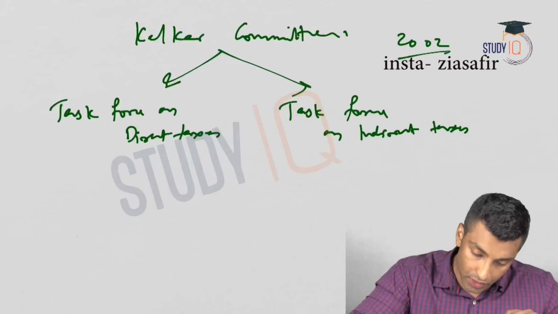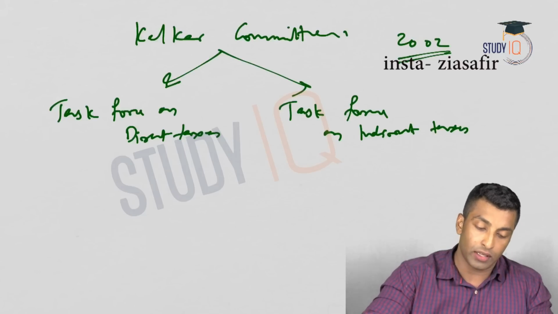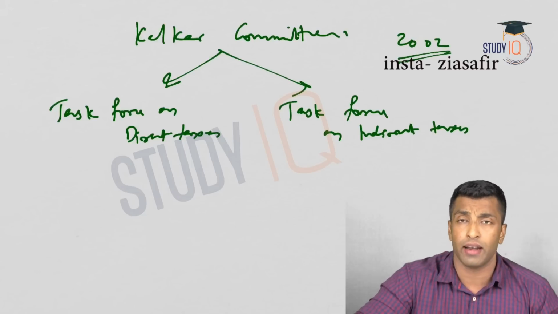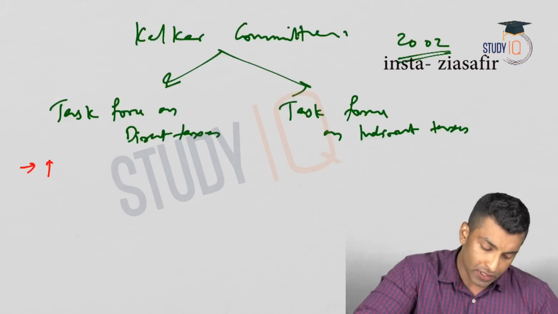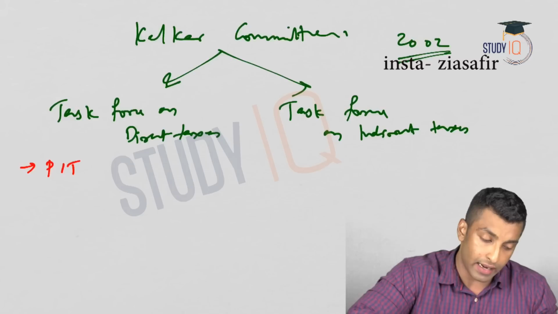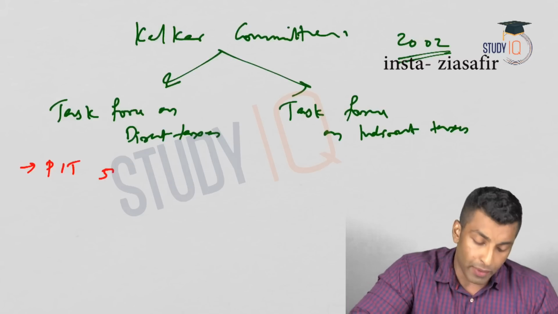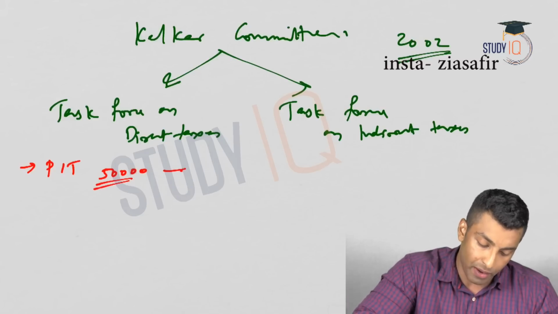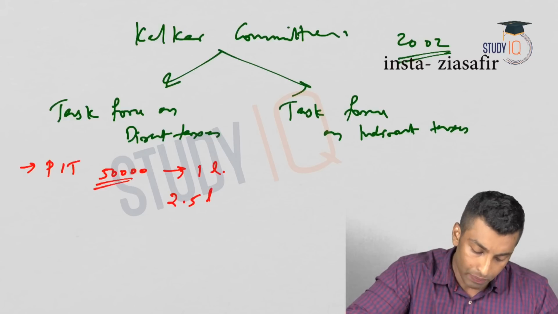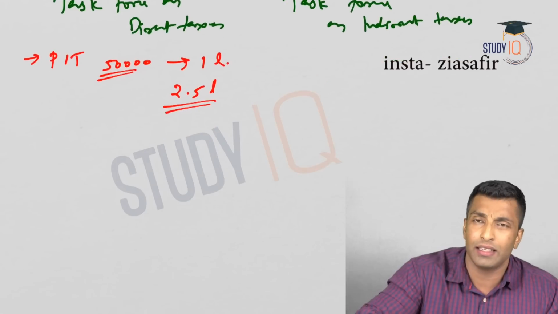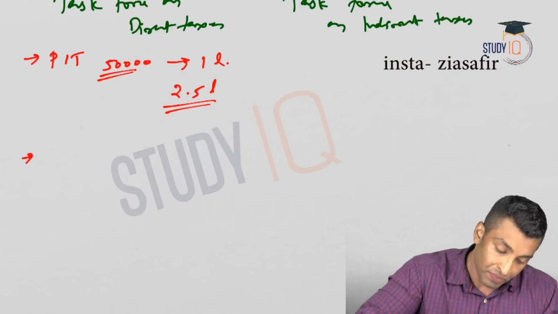The report was in 2002, and we'll see what all the recommendations are in the direct taxes case and in the indirect tax case also. In case of direct tax, the first recommendation is in case of personal income tax. The exemption limit was 50,000 at that time, and it has to be increased to 1 lakh. Now there is no significance, because now the exemption limit is actually 2.5 lakh. But I just told you this recommendation.